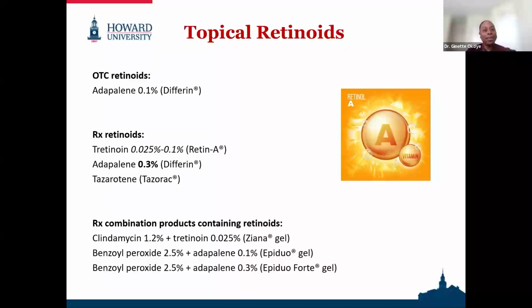And then there's some really nice combination products that combine a retinoid with another drug that we use for acne, like benzoyl peroxide, or a retinoid and clindamycin. They're really nice, elegant formulations. Patients love them, but they're brand name. And so I generally don't get to use them very often, but they are really good options if your patient can get them.